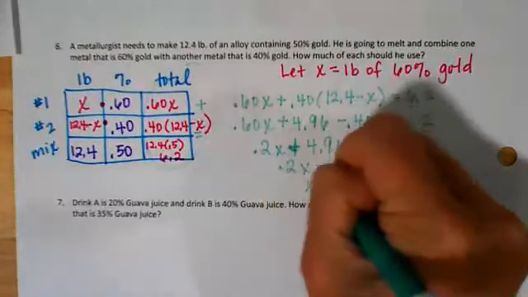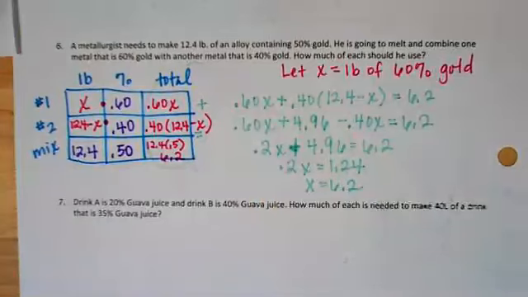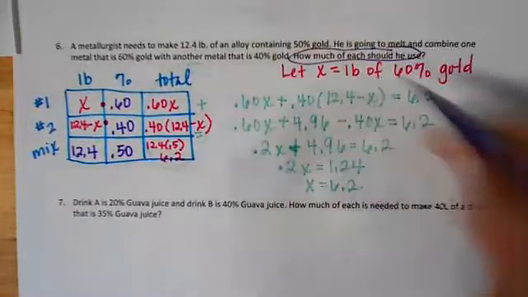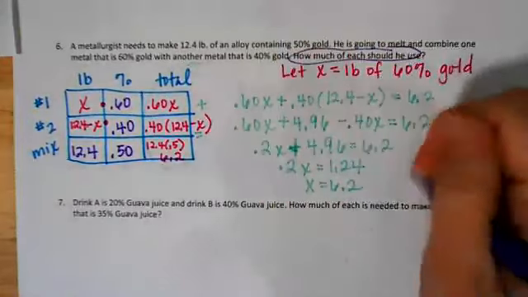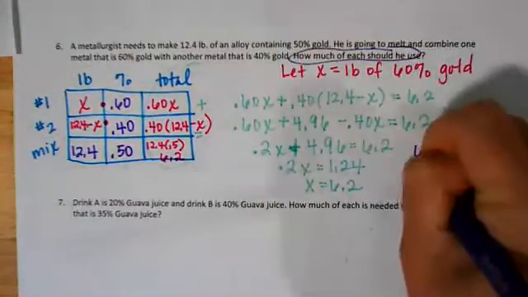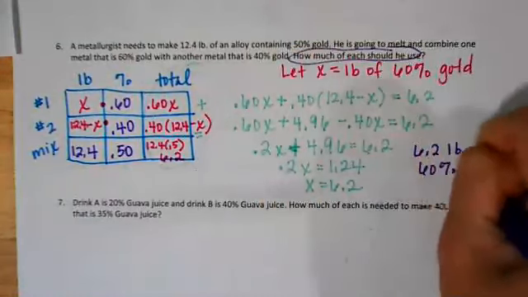X equals 6.2. Again, let's make sure we've answered the question. How much of each should he use? Well, X is the pounds of the 60% gold. So I know that I need 6.2 pounds of the 60% gold.